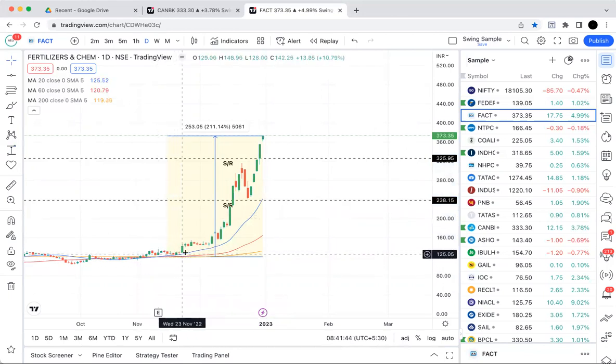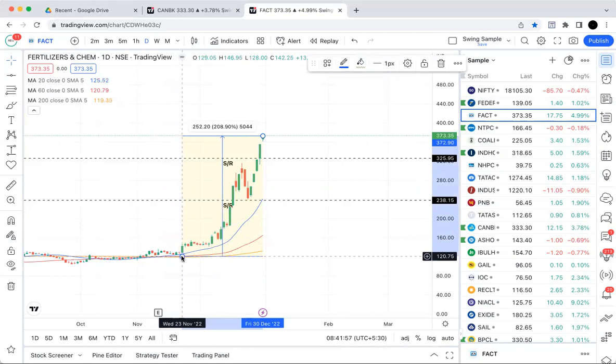I would not have entered until this green bar right here, until that pattern actually broke out. So that date would have been even closer. If we go to that green bar, you entered right there. That would have been just a little bit over a month, a month and 1 week.